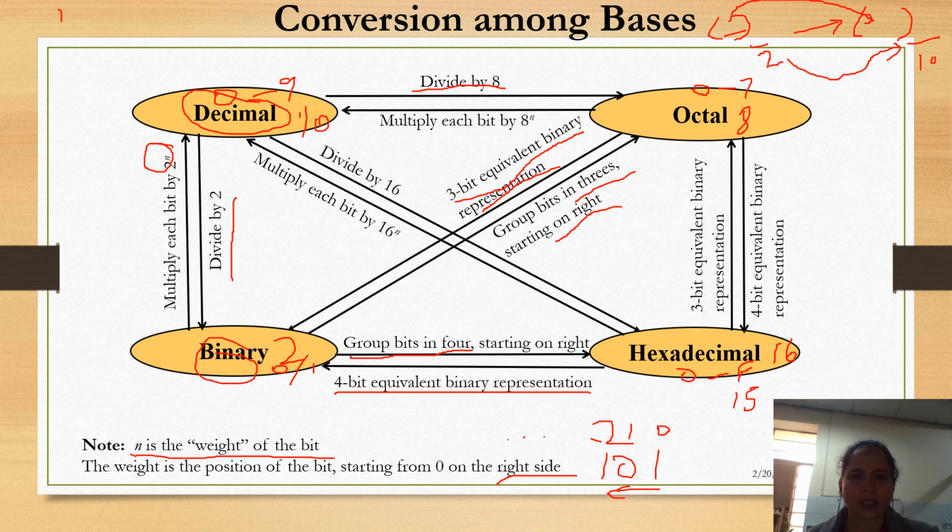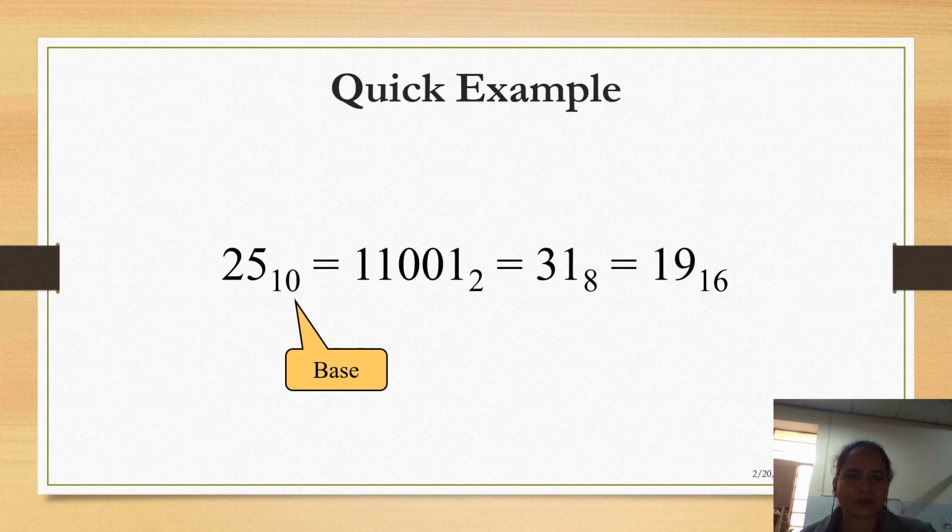If we want to convert octal to decimal, we multiply each bit by 8 to the power n, where n is the weight of the digit. Now, for octal to hexadecimal, for hexadecimal we take the 4-bit equivalent binary representation, and from hexadecimal to octal, we take the 3-bit equivalent binary representation. Now this is a quick example.